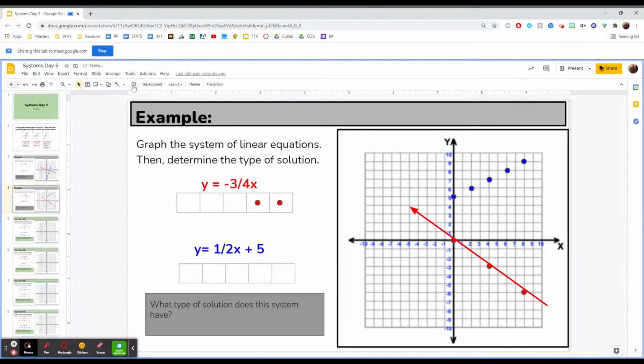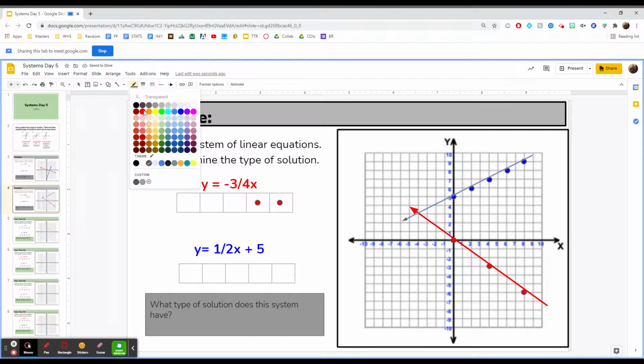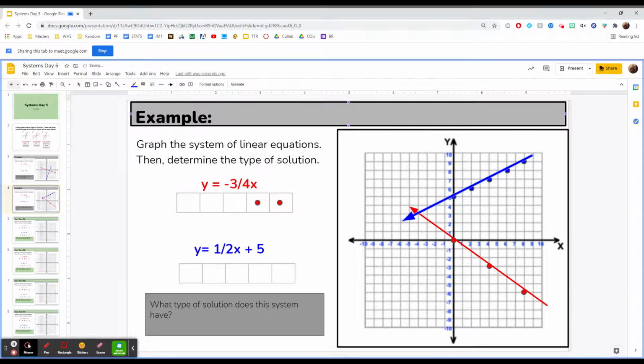Okay, so now insert the line. And let me change the color. Oops, I don't want that color. I want blue. Actually, okay.